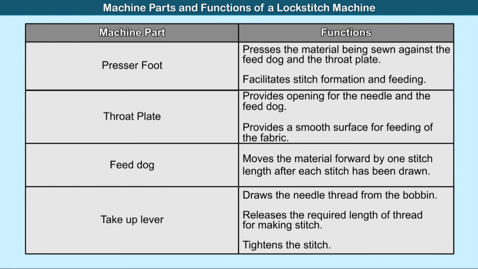Machine parts and functions of Lockstitch machines. Some of the machine parts play an important role in stitch formation. The following is a list of such parts along with their functions.